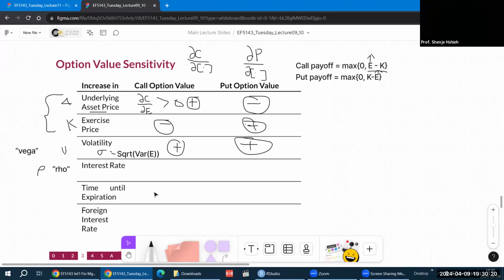So the intuition is the following. Think of options as fairly similar, comparable to a futures or forwards contract. There's a maturity date, but there's an option now to make an exchange at the maturity date. But the idea of the cost of carry still carries through.